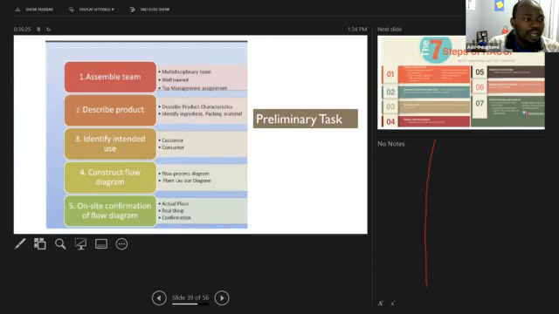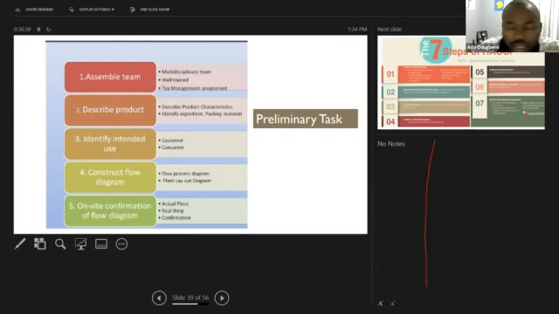What are they? Number one, you need to assemble a team. You always need to have a team. You should have a food safety team, a food safety committee, always. Then you should describe and know the product you're making. Describe the product characteristics, the ingredients, the packing, etc. Then you want to know who you are making the product for.